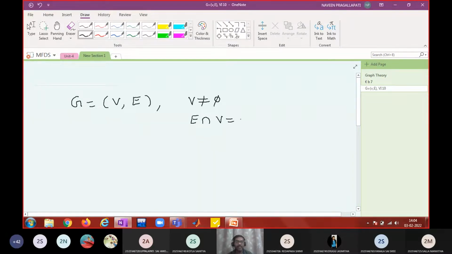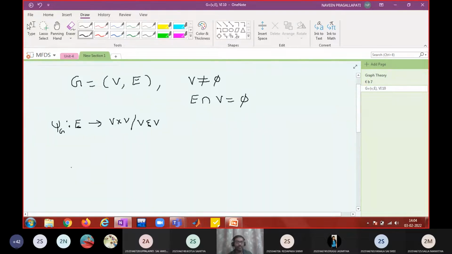between E and V, because from a set-theoretical point of view, the elements of V are entirely different from the elements of E, such that there is a function psi G which maps from the edge set to V cross V, or V and V. If the range is a subset of V cross V, that is a directed graph.